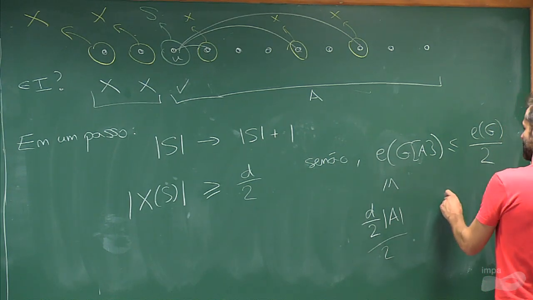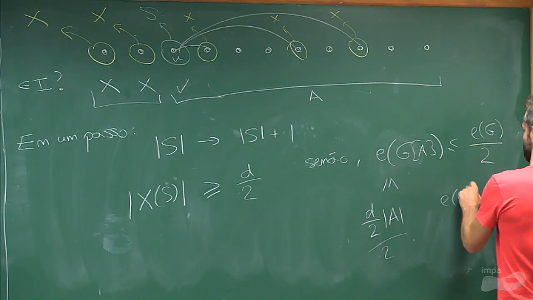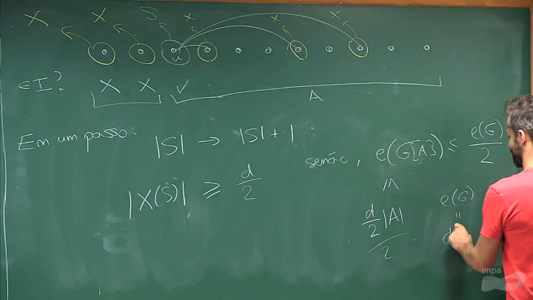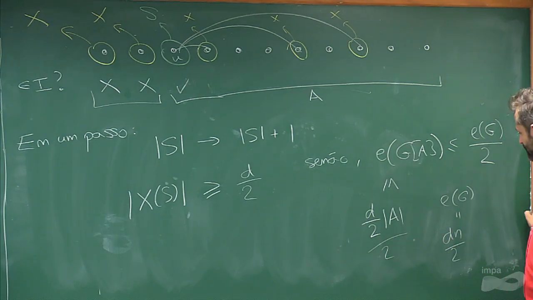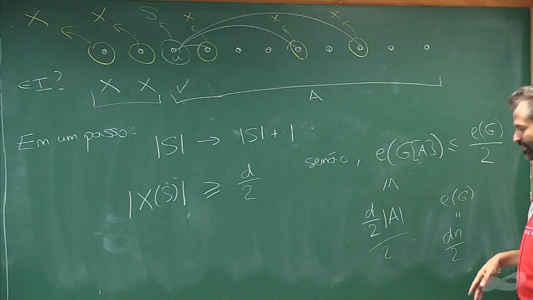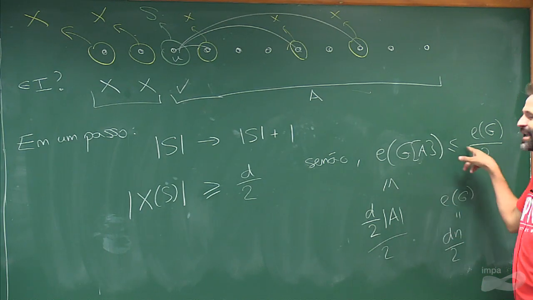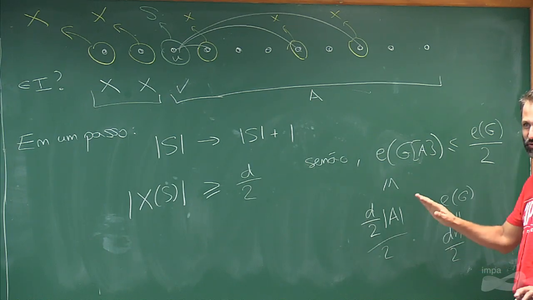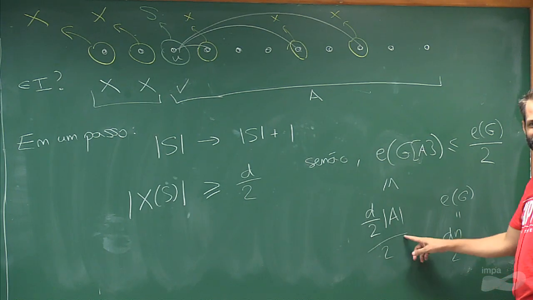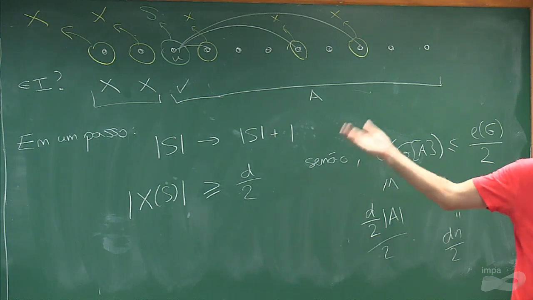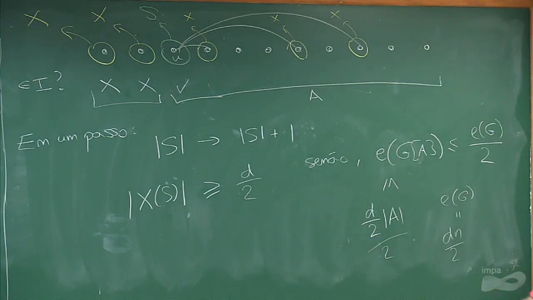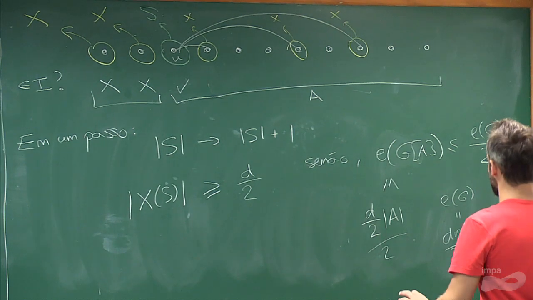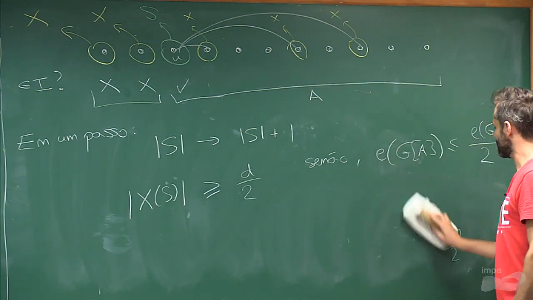And E of G is equal to d times n over 2. Right, so A is smaller than n, so it's actually even better than this. The throwing out helps you, doesn't hurt you. But it's a good thing to check. So the average degree is half as big, and there are fewer vertices, so it's even fewer. So you've really thrown away at least half of them.